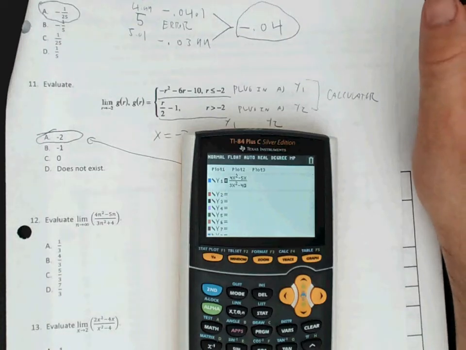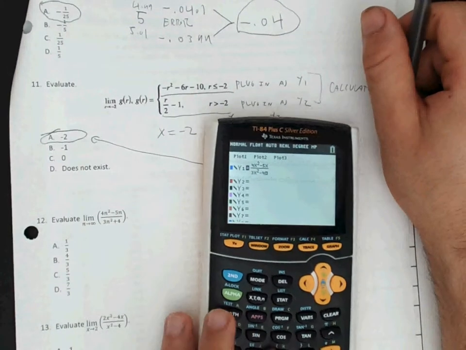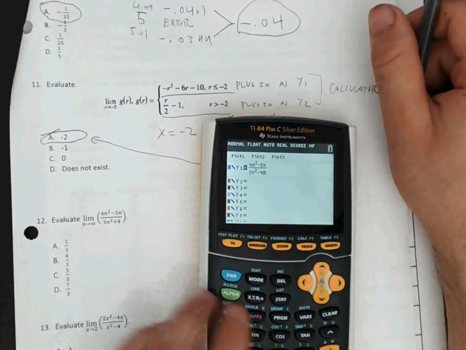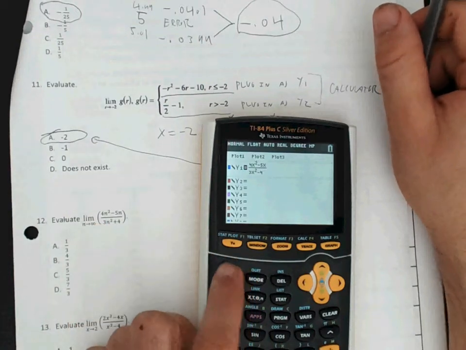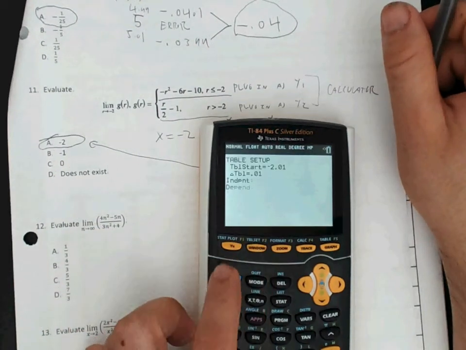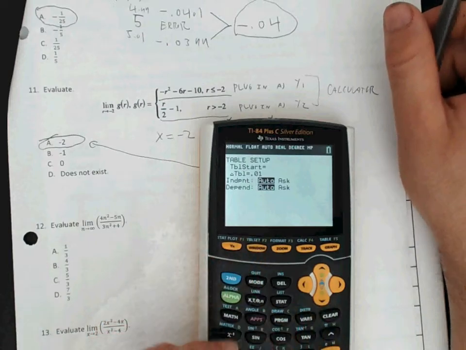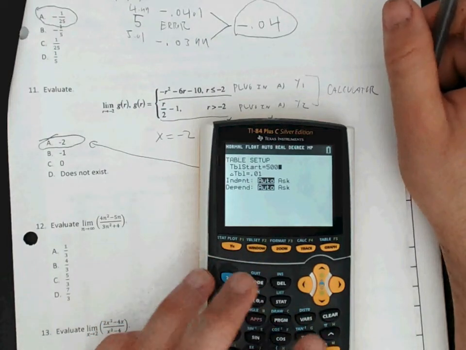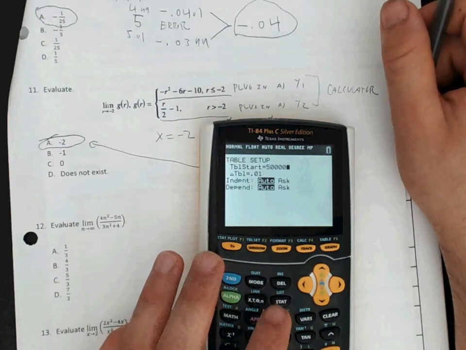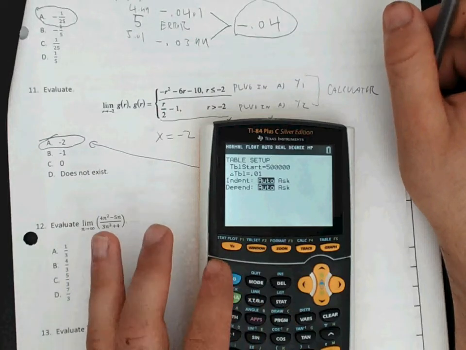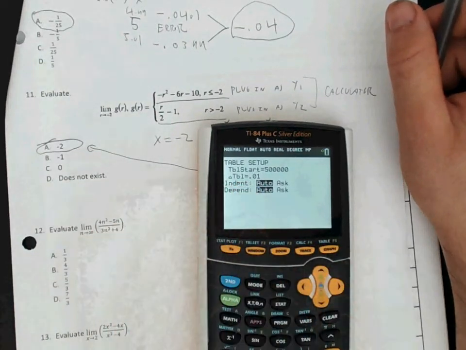Now, after that, we're evaluating the limit as n approaches infinity, so we can go to our table set and pick a very large number for a table start. Let's do 500,000. That should be sufficient. And then look at our table.